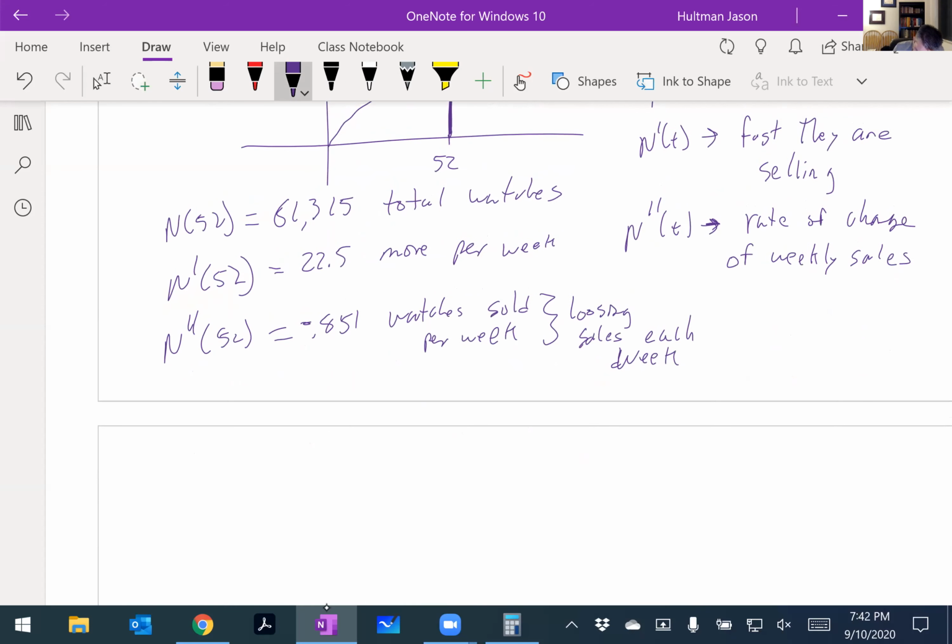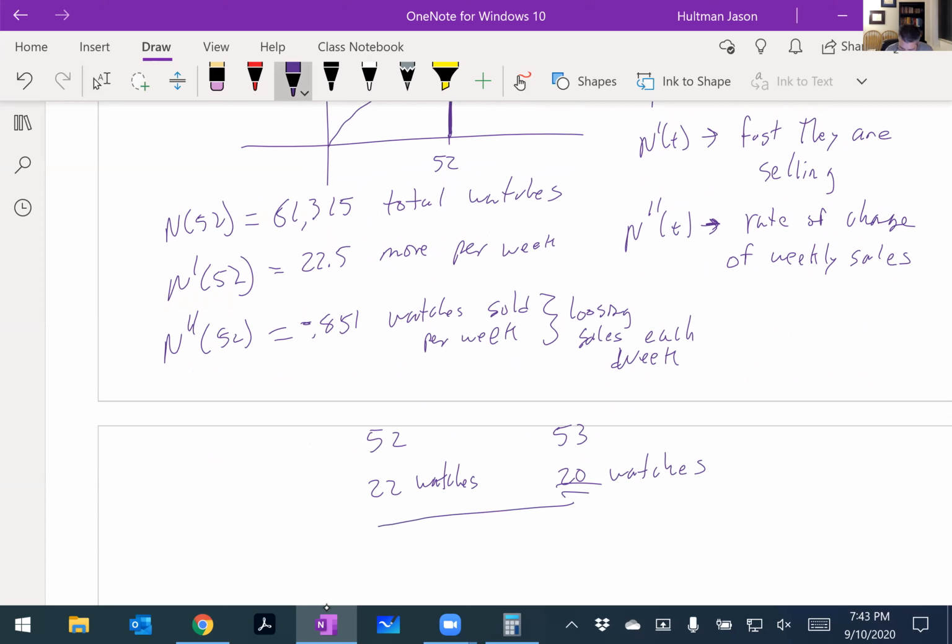Well, let's say that at the 52nd week, I sell 22 watches. But on the 53rd week, I only sell 20 watches. Well, I still sold watches, but what happened? Didn't I sell fewer watches? Does that make sense?